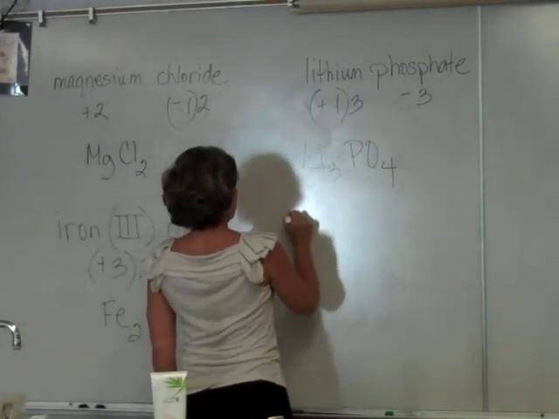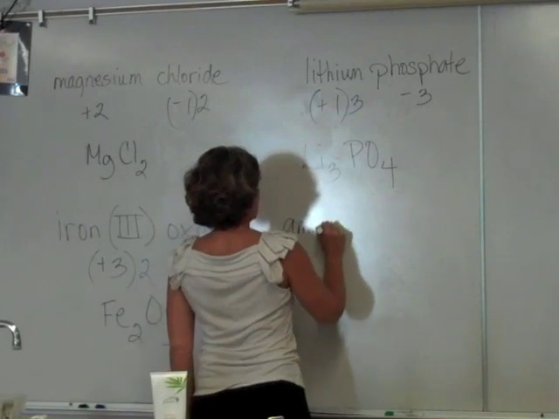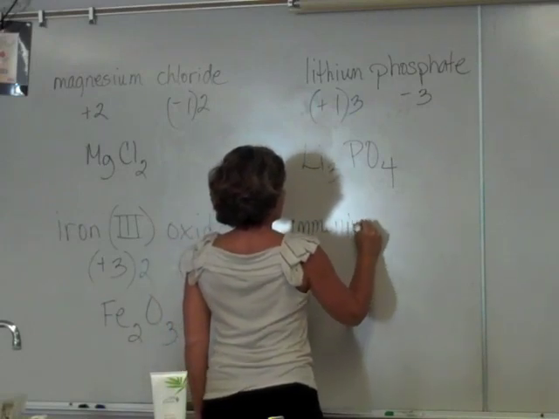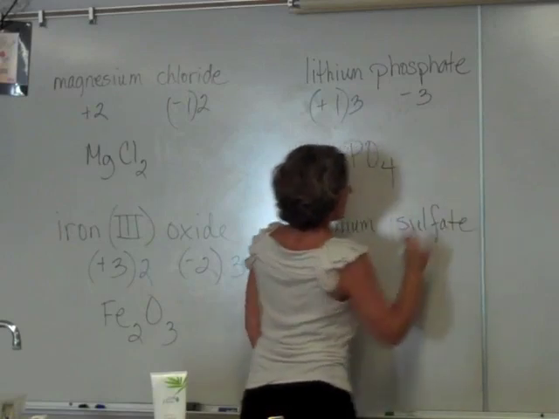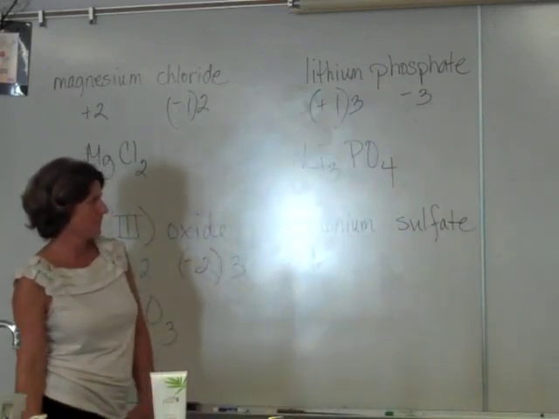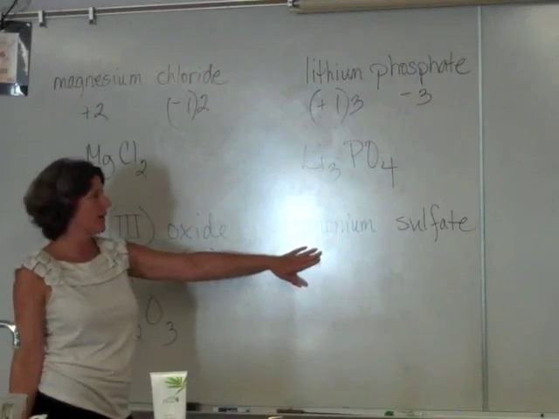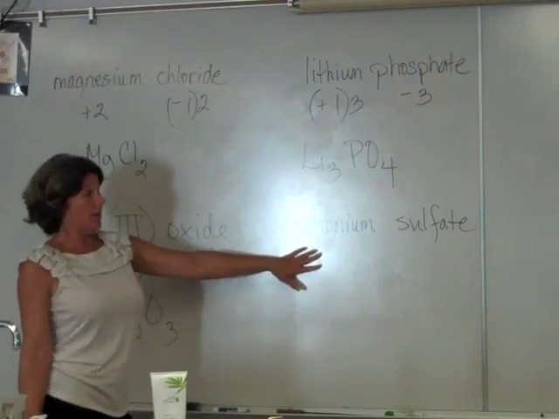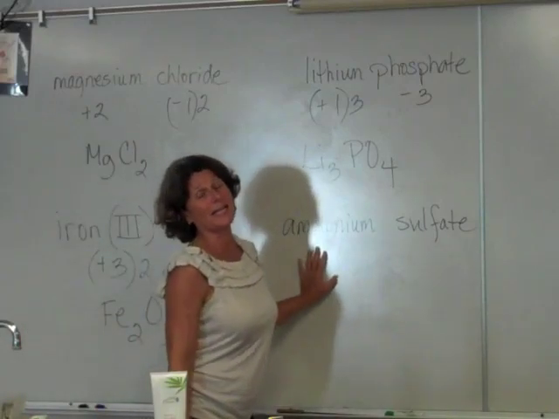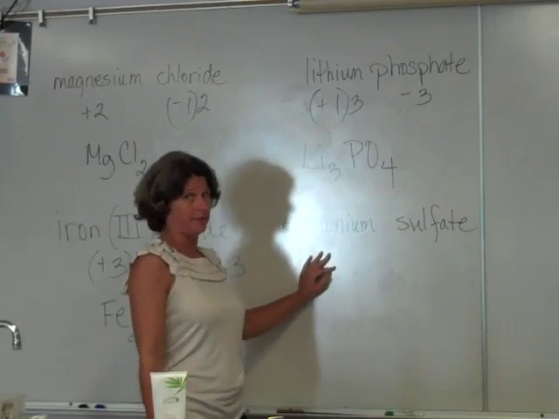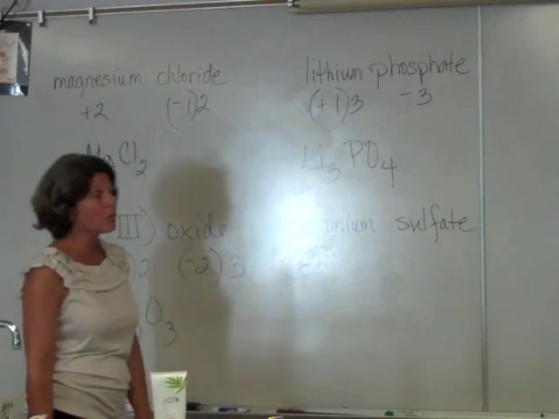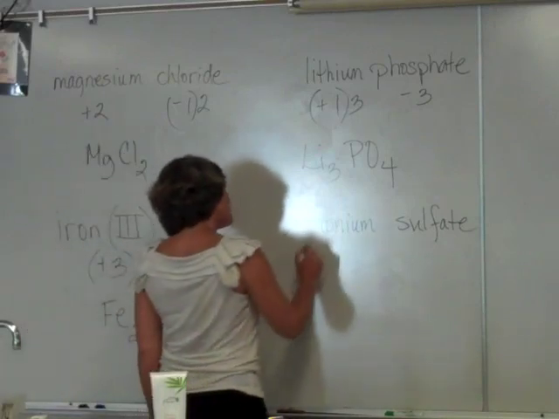Ammonium sulfate. Ammonium is a polyatomic ion. It's the only polyatomic cation we have for ionic compounds. It's NH4+, so it's got a positive 1.